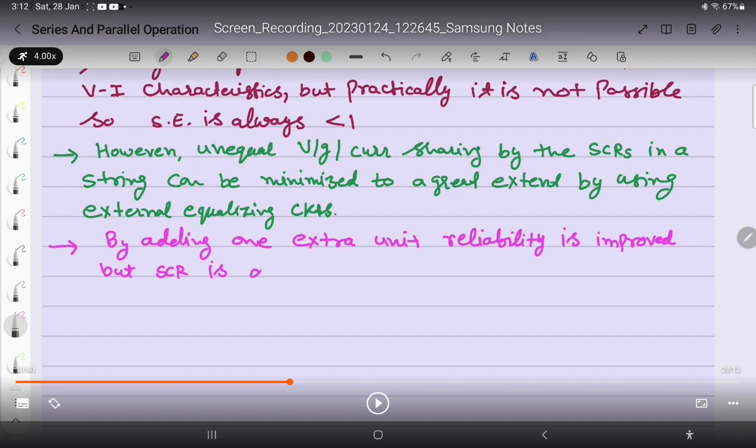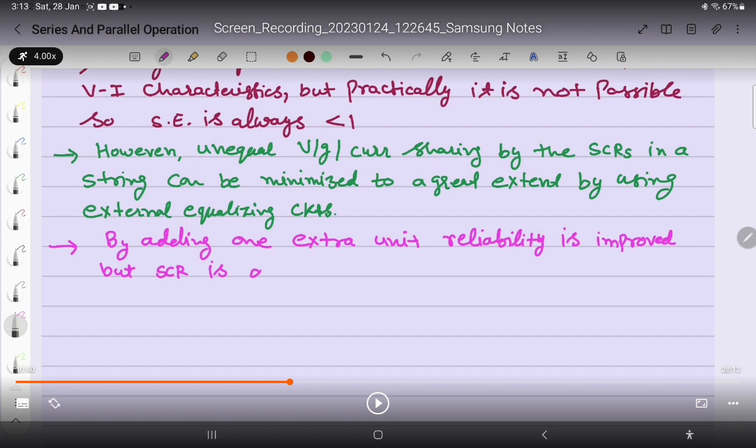We have to connect certain resistance or capacitor in such a way that the equivalent resistance of all the SCR is same. So if the resistance offered by the string and the circuit combination would be same, then the voltage would be same, right?